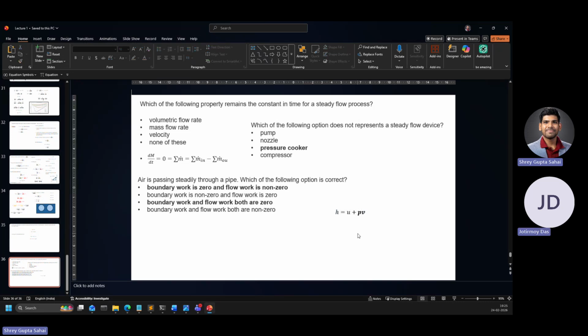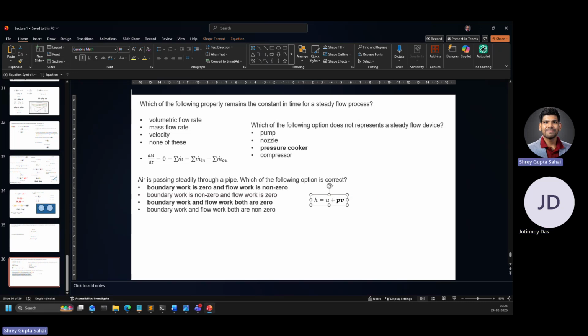In a pipe, there will be a finite pressure and a finite density, which implies there should be a finite flow work. Yes, flow work should not be zero. A small homework: you can go and look up what flow work is, and why it is equal to PV. Sure. Okay, fine.